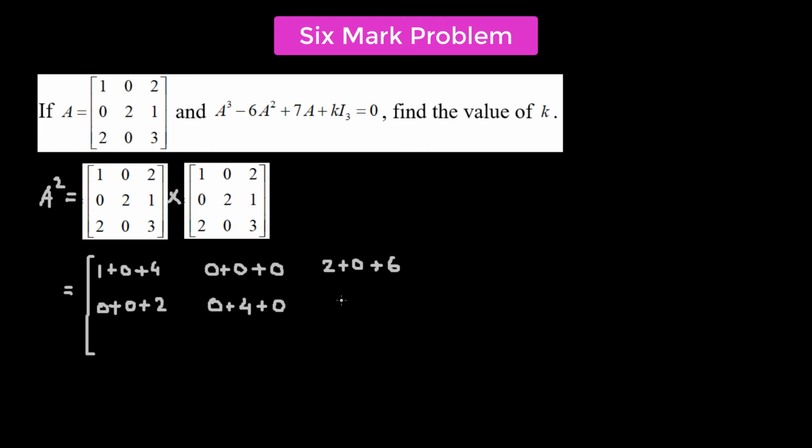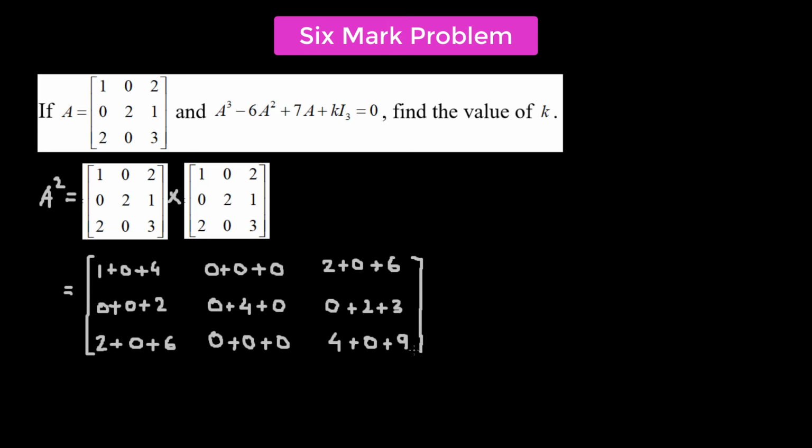And we have 0 plus 2 times 1 plus 1 times 3. And finally 2 times 1 plus 0 times 0 plus 3 times 2. Then 2 times 0 plus 0 times 2 plus 3 times 0. Then 2 times 2 plus 0 times 1 plus 3 times 3.